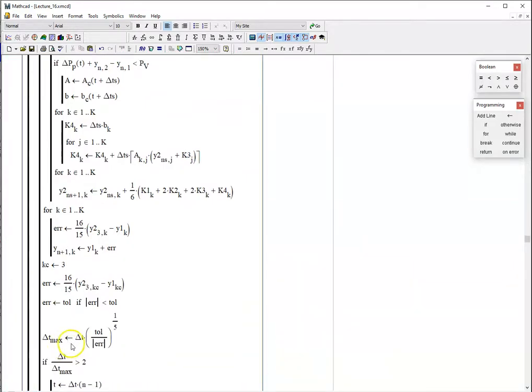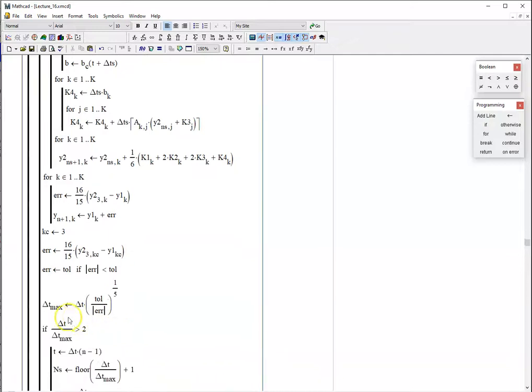However, the delta T max is going to be equal to delta T times the tolerance divided by the error to the power 1/5, according to the equation that we just wrote in the notes. If delta T divided by delta T max is larger than 2, so if the maximum delta T that I found is smaller than the delta T that I used by at least a factor of 2, then I need to subdivide the time step in more than 2 subdivisions.